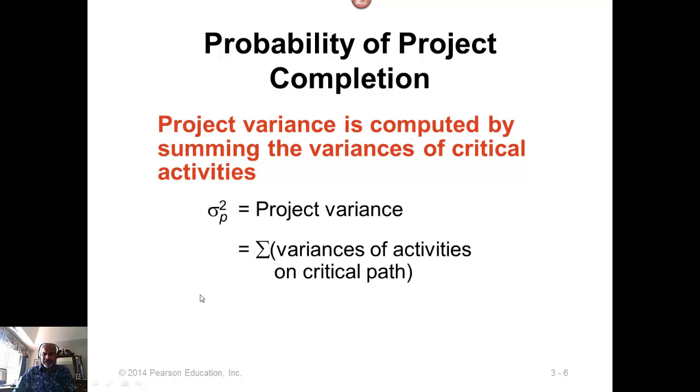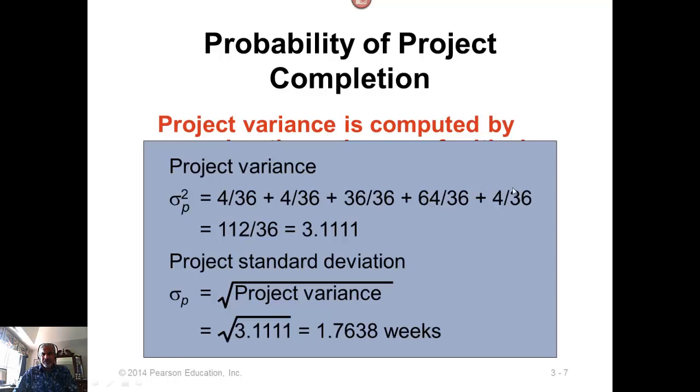So we take the critical path activity variances and sum them. You see we did not divide by 36 for each of them, because now we can add the numerators and divide by 36 just one time, and that gives you the variance. Take the square root of that, and we get the standard deviation.